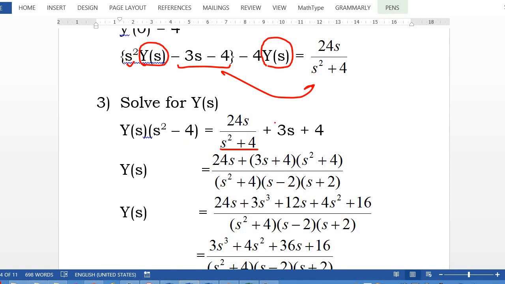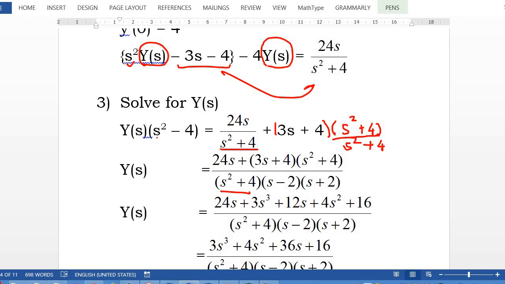Then we multiply 3s plus 4 by s squared plus 4, and then we divide by s squared plus 4. So with the same denominator s squared plus 4, we can combine these two fractions at their numerator: 24s plus (3s plus 4) times (s squared plus 4), over s squared plus 4.